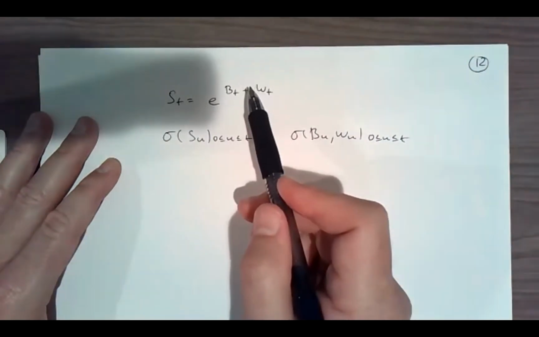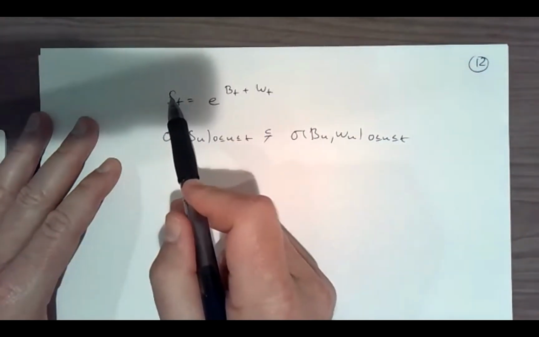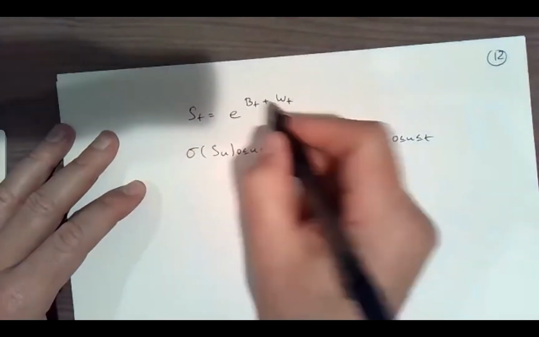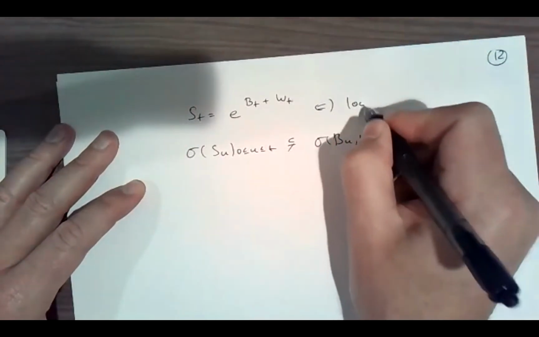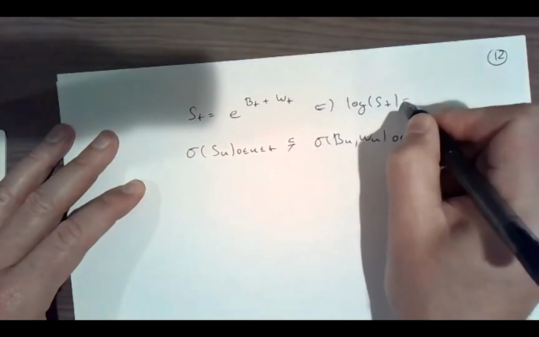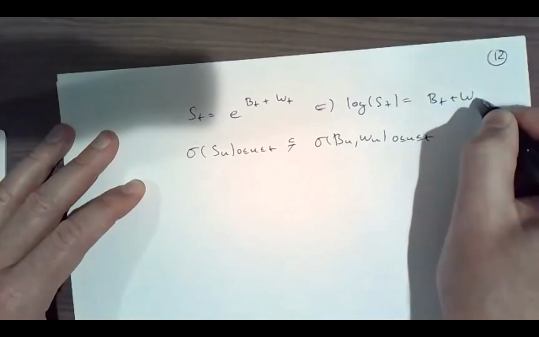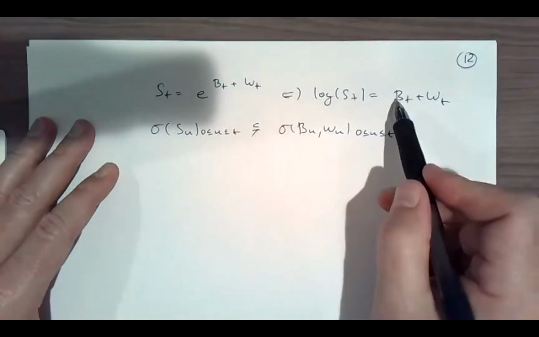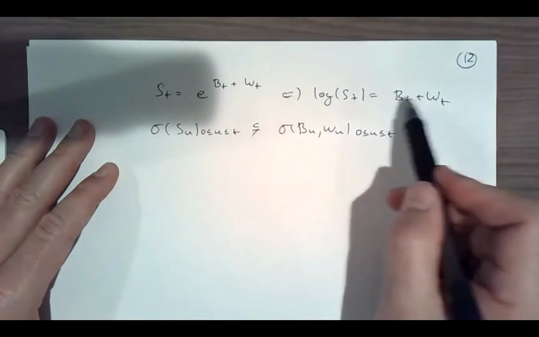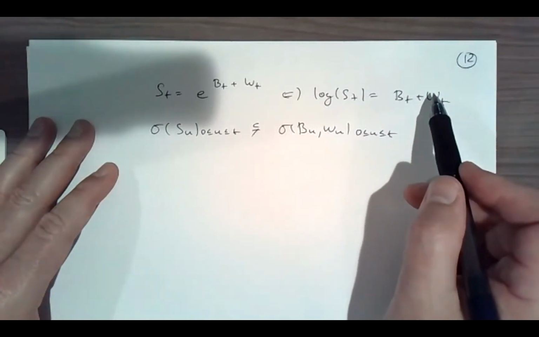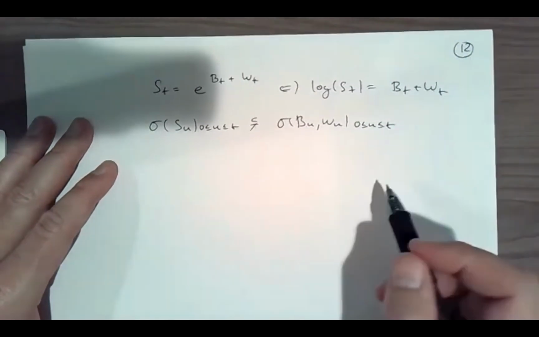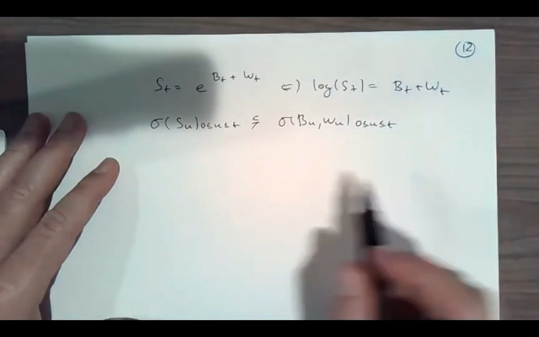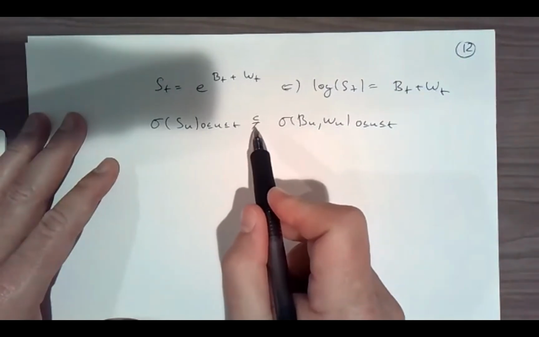I tell you what log of ST is, which is equal to BT plus WT. That is, I tell you what the sum is. Can you now tell me what the individual components in the sum are? The answer is this is impossible. So you're going to get a strict inclusion here.